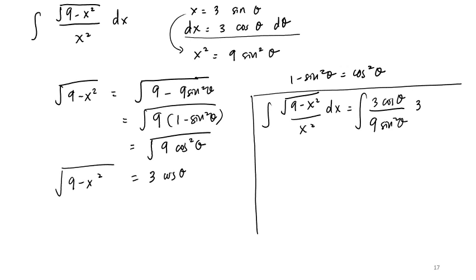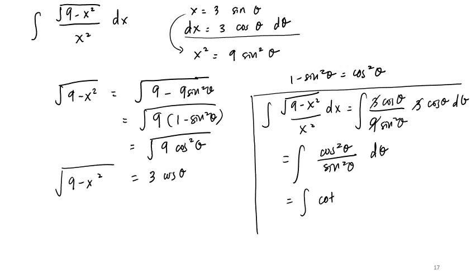We put that here, 3 cos theta d theta. So you can cancel out the 3 and 9, and then you will end up with the integral of cos squared theta over sine squared theta with respect to theta, which is cos over sine, the cotangent. So you put the cotangent squared theta with respect to theta.